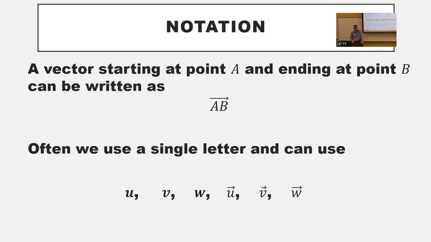So a lot of times when they type it in the book, it's bold font. The arrow on top of a letter oftentimes is used more when you handwrite things because it's really hard to write in bold. If that makes sense. So you'll see both of those fonts for various vectors. Again, a lot of times when the vectors are in standard position, we see that.